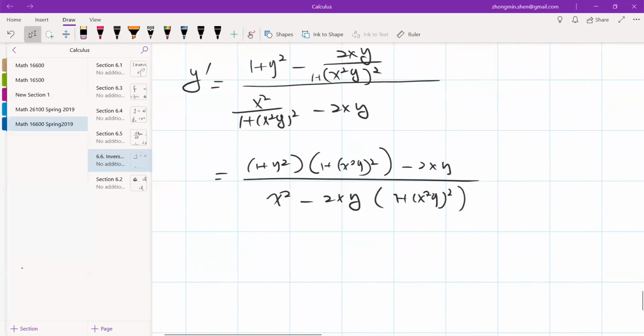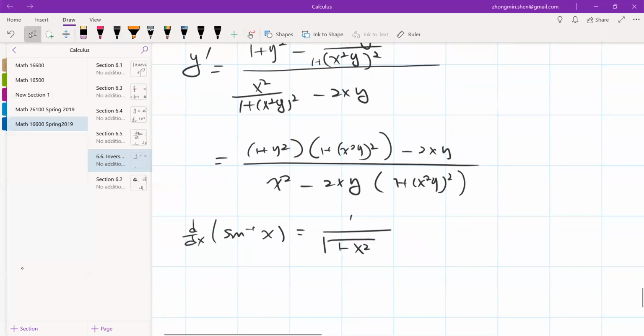Right. So now we come to the integral. I know the derivative of arcsine x is going to be this. That is really equivalent to saying that if you see the integral like this, it's going to be inverse sine x, arcsine x plus constant.